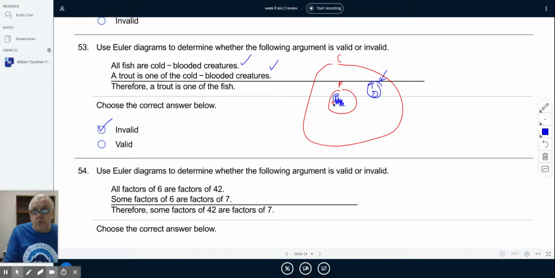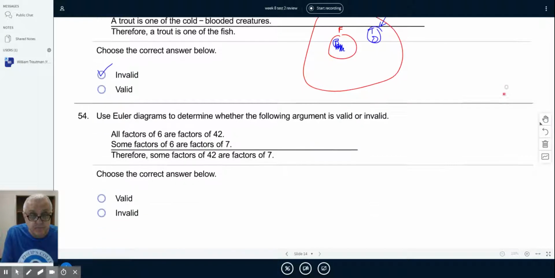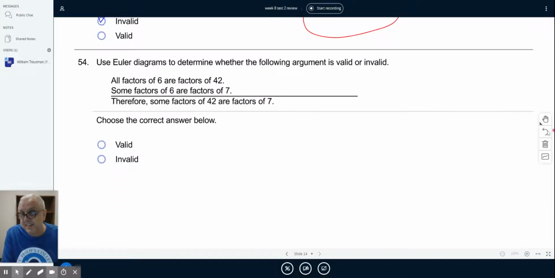And we have one more. Let's do number 54. This is our last problem. All factors of 6 are factors of 42.